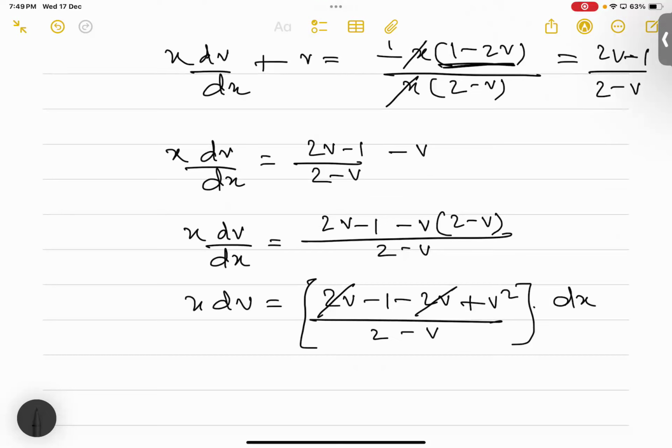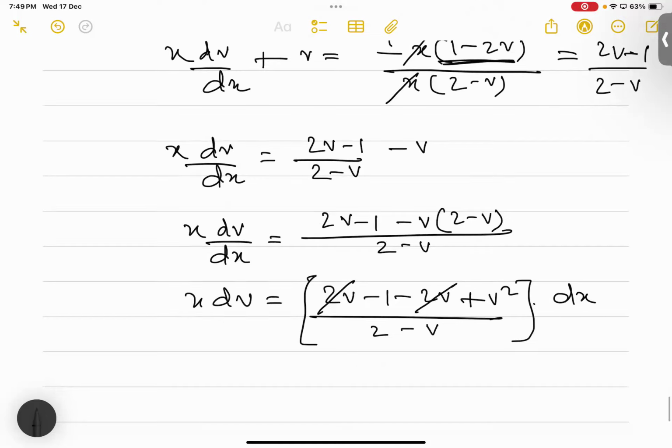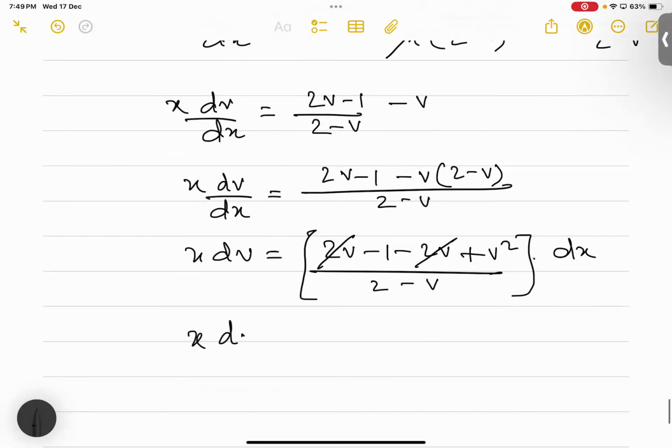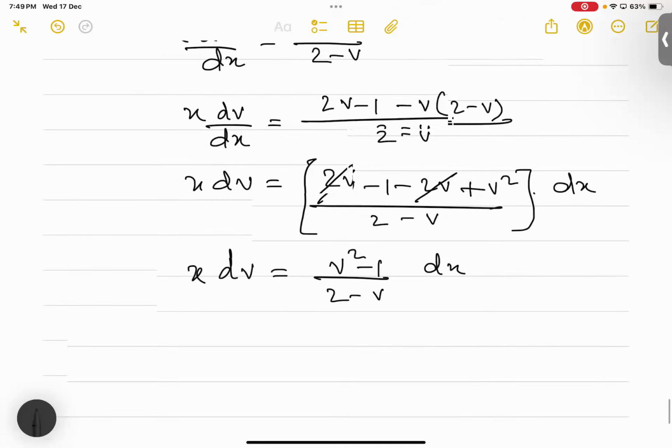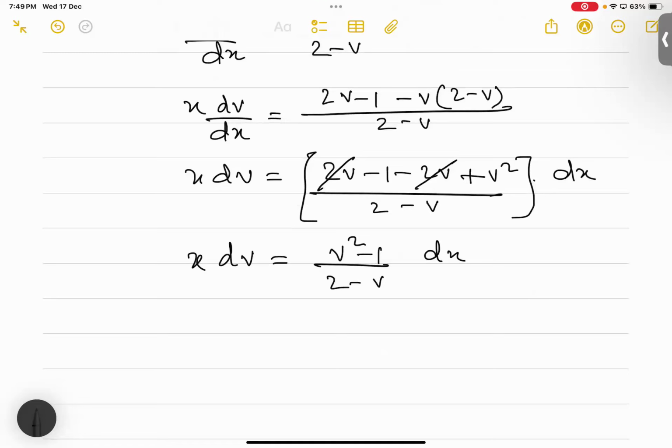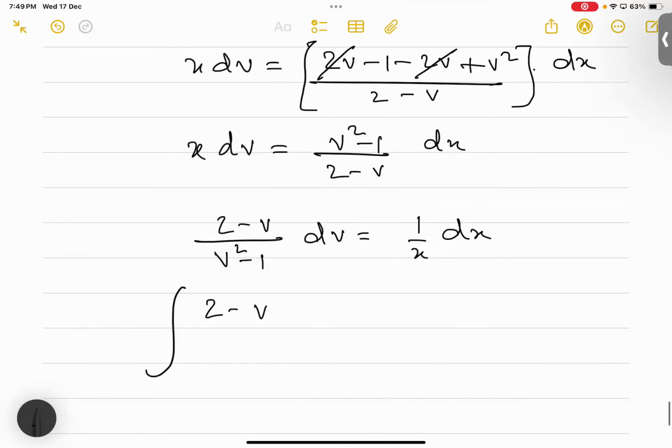Right, guys? So x dv upon dx equals (v square minus 1) upon (2 minus v). So (2 minus v) upon (v square minus 1) dv equals 1 upon x dx. Right? Integrate.